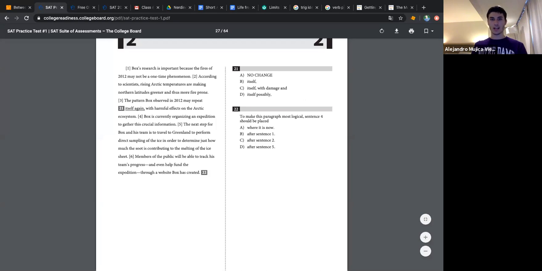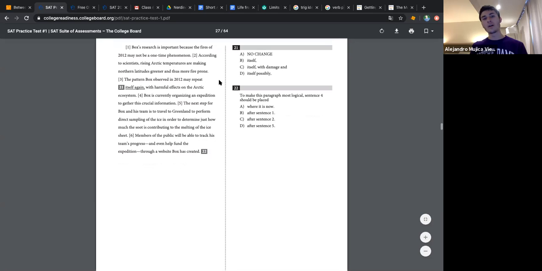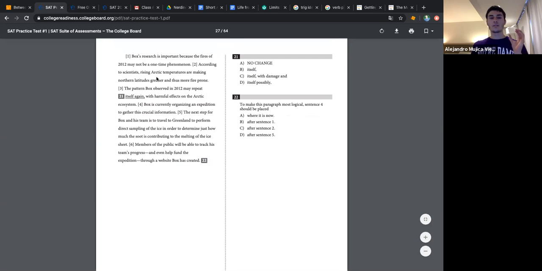And there's a because connecting them. Then we look at the next sentence. According to scientists doesn't really matter. You can tell. It's just an additional phrase that is not vital to the meaning. So Arctic temperatures making latitudes greener, fire prone.